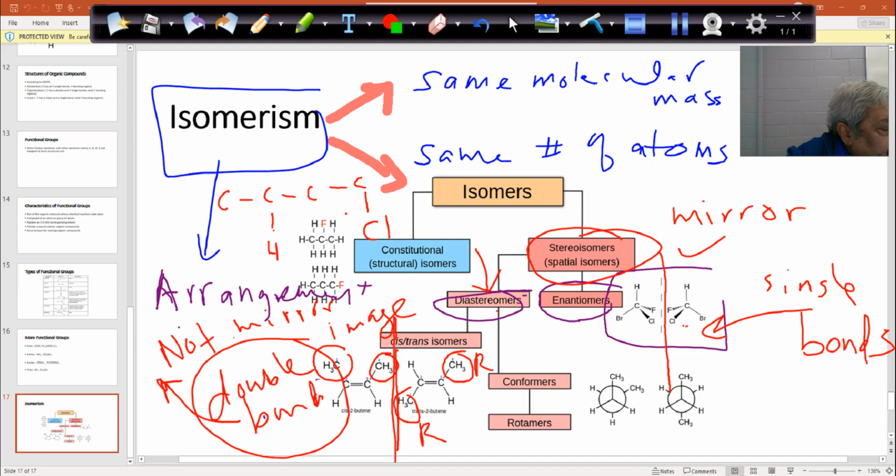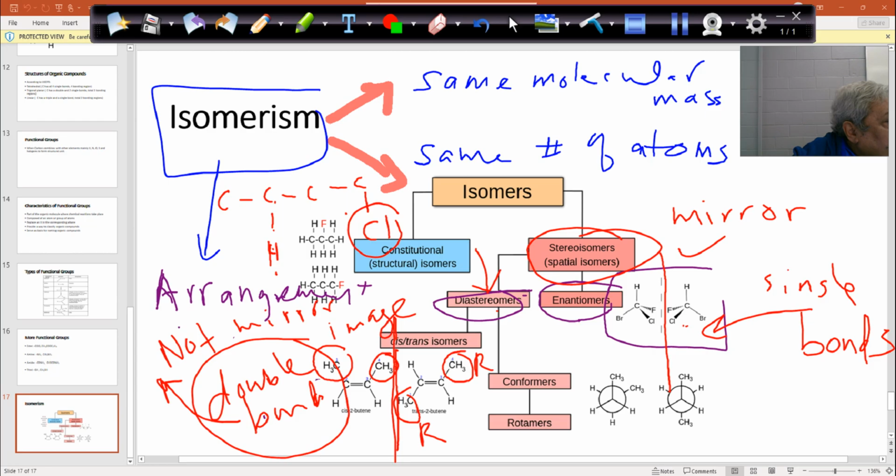Those types of molecules, the substance when it's moving at different atoms, we call them constitutional structures. It's the same atoms, but the substituent is changing position among the carbon atoms, correct? The first one will be 1-chlorobutane. If I put the chloro in the second position, it will be 2-chlorobutane.